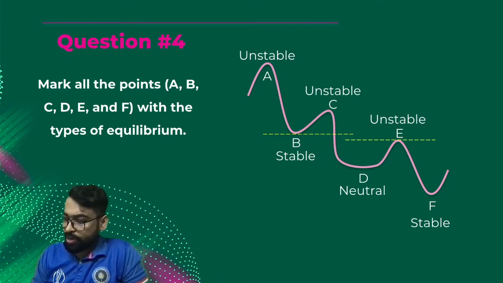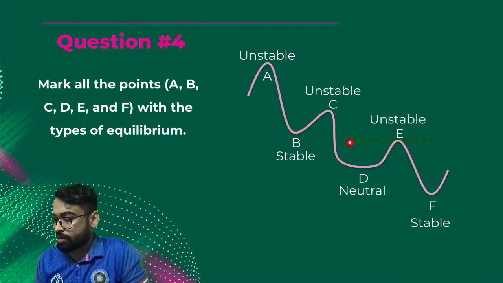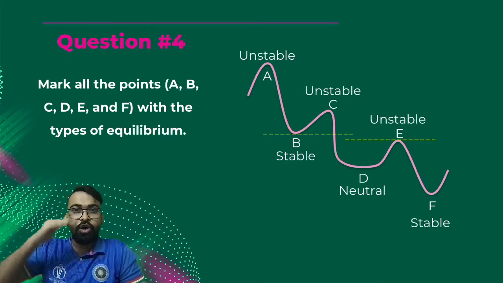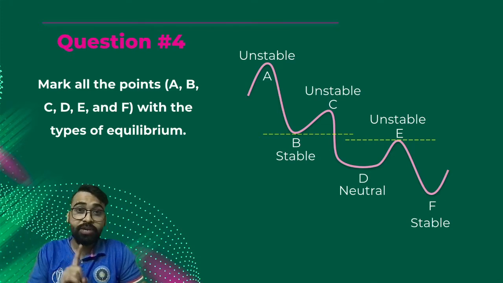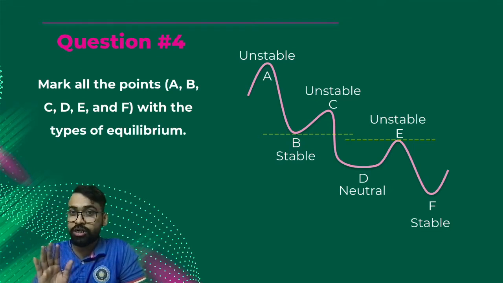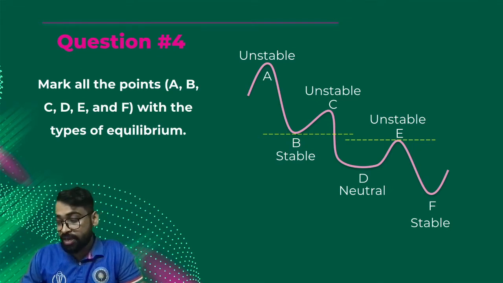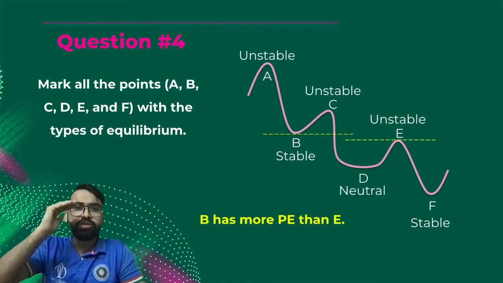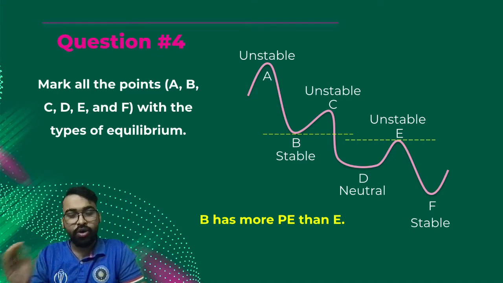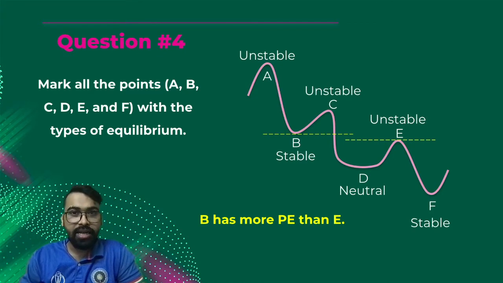I will say B is a little on top as compared to E. B point is at a more higher level as compared to E. This means I can say one more thing over here which is not mentioned in the question, but it might be asked, that B has a greater potential energy as compared to E, right? Because it is at a higher level, U is more, and the point E has a U that is a little less than B.